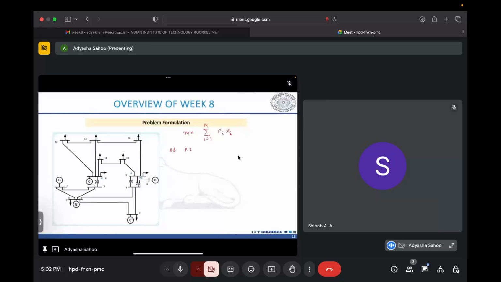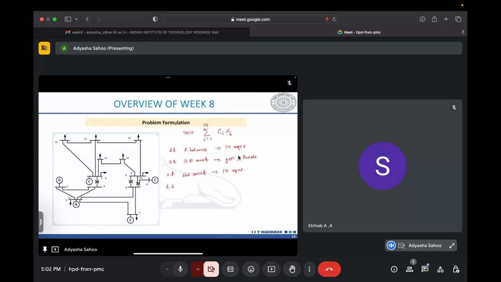So this will also again be 14 equations, one for each bus, then subject to your state estimation constraints. This will be for your generators and loads, and then subject to your observability constraints. So these will again be 14 equations for 14 buses.